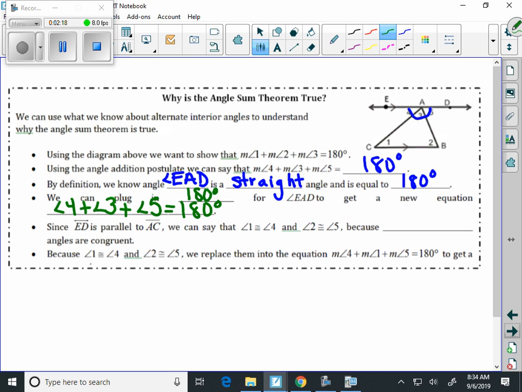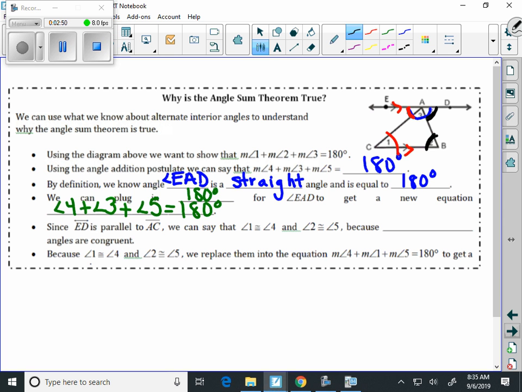Going back to some other vocab here. Since line ED is parallel to line AC, notice the arrow in here, we can also say that measure of angle 1 is congruent to measure of angle 4, or we can say measure of angle 2 is congruent to measure of angle 5.